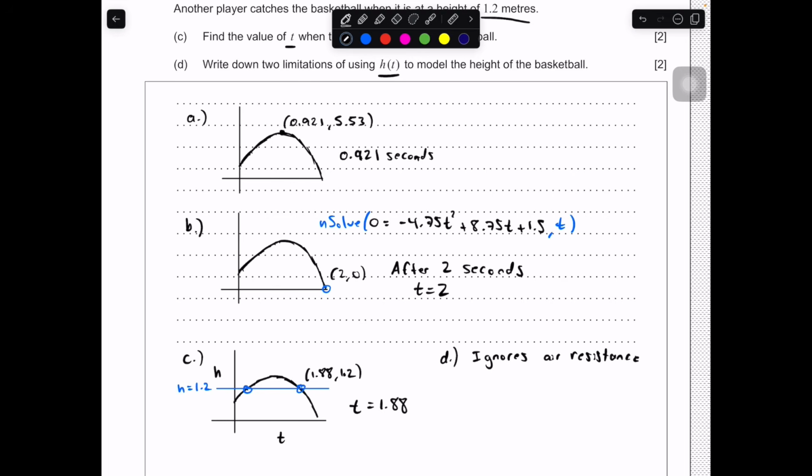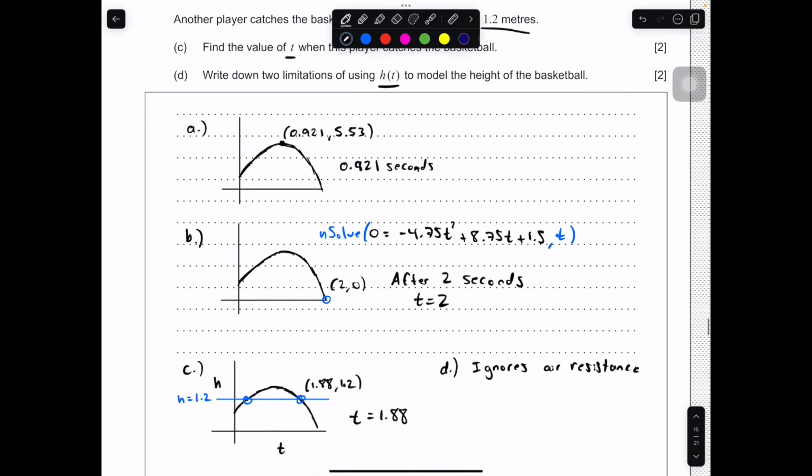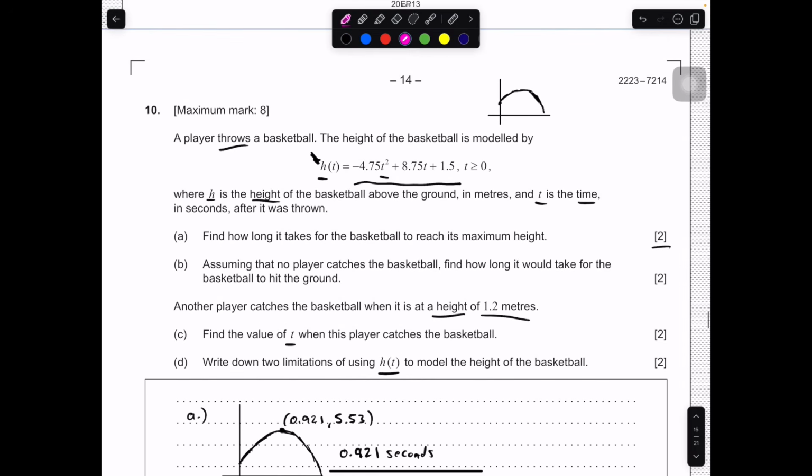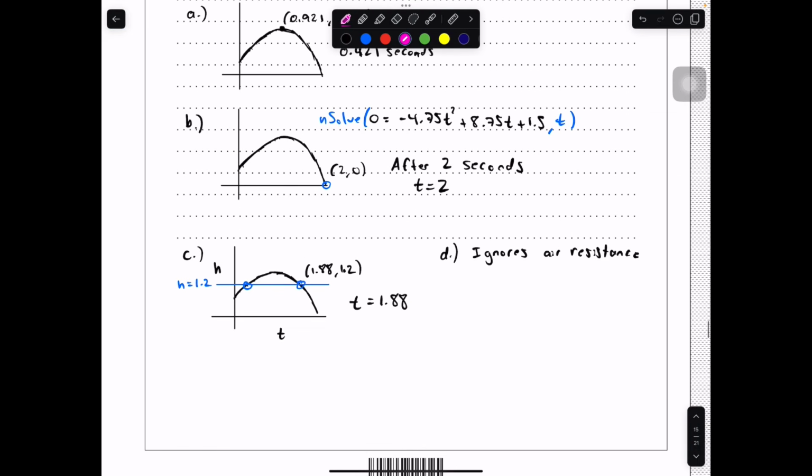Second limitation is, if we look at our models, they also consider points that occur for values of t greater than 0. So it doesn't deal with negative values, but for t greater than 0, it would assume our ball goes through the floor and keeps going down.